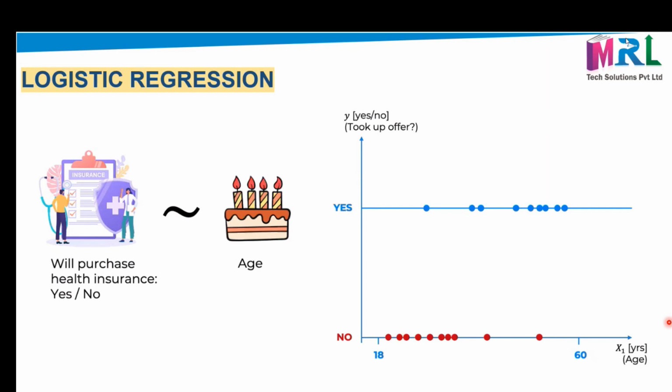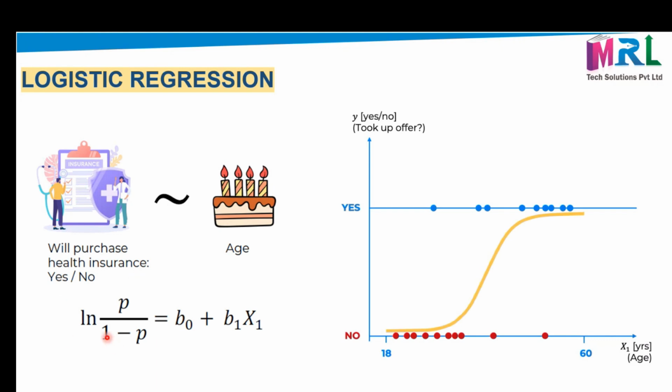But most of the people at the yes level, around their 30s and 40s, are purchasing. In some cases, a person of an earlier age is also purchasing. That is an exception. So this is the output of logistic regression, either yes or no.